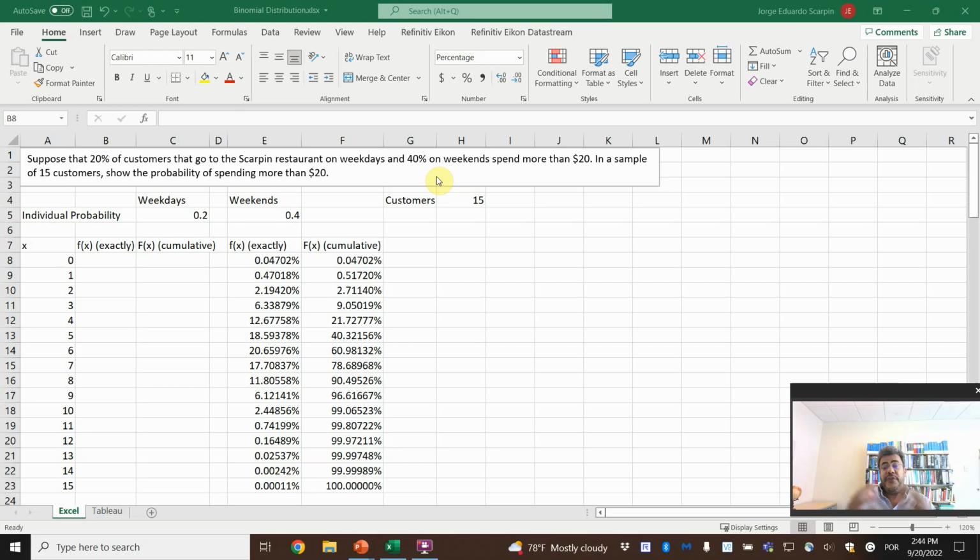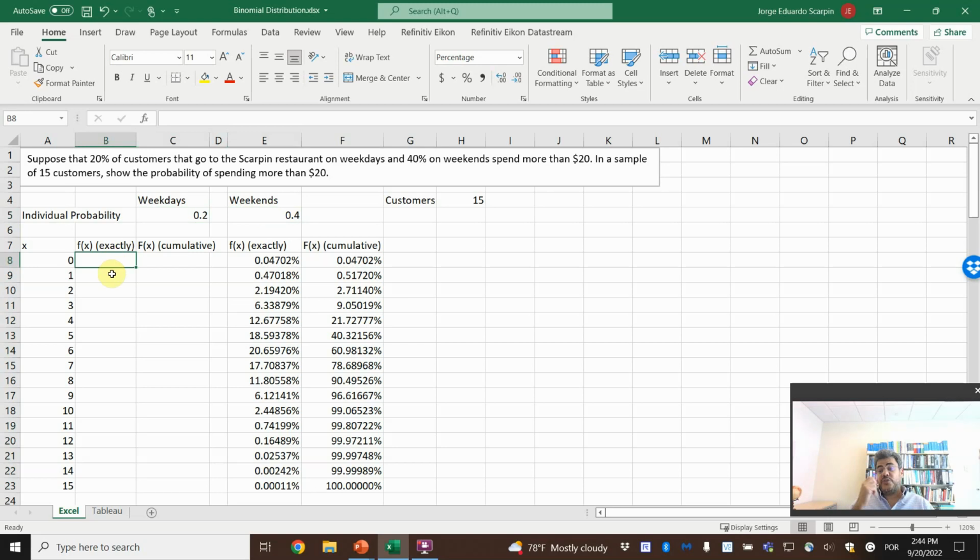In a sample of 15 customers, and we can go here to 150, depends on the number of rows that we are adding to our Excel. And I only add 15 to have all of them in one screen. Show the probability of spending more than 20. So weekdays 0.2, weekend 0.4.